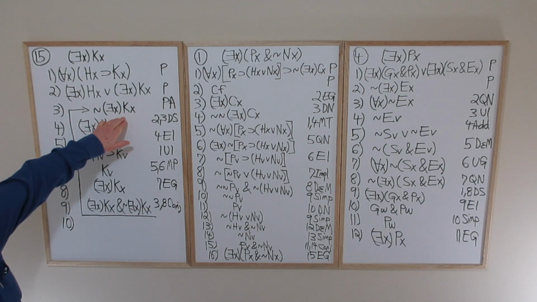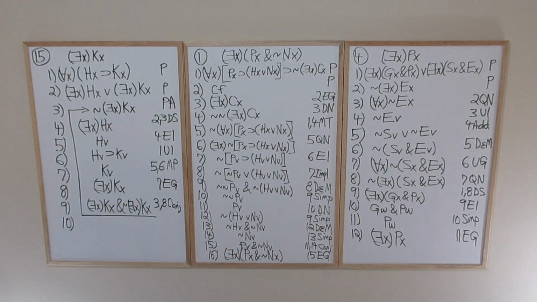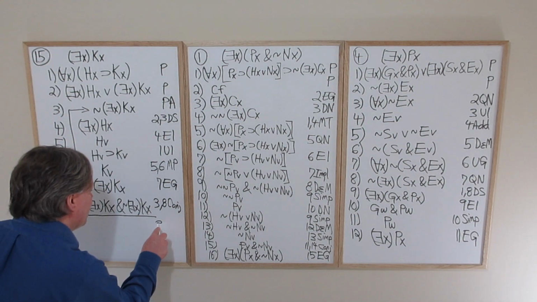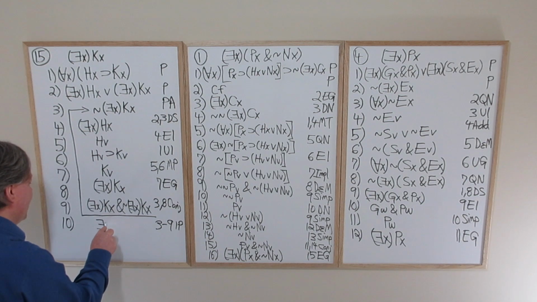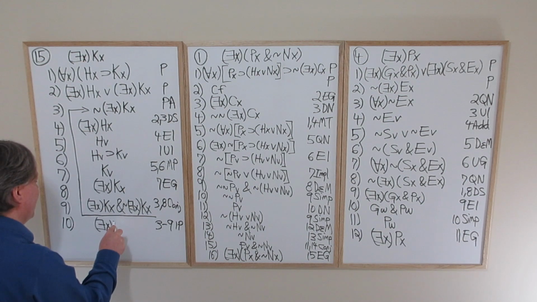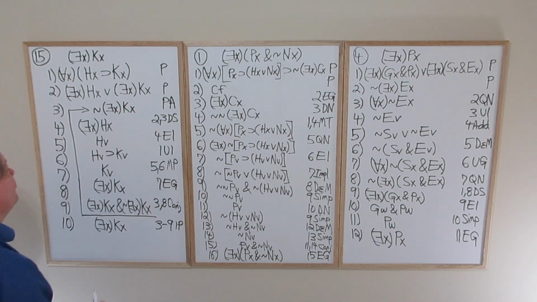So, since the provisional assumption that it's not the case that there exists an x such that x has been to Krakow led to this standard contradiction, 3 to 9 by IP, we're entitled in inferring there's at least one x such that x has been to Krakow, what we were aiming for all along, which follows from the original premises alone. So that will end the demonstration of proof construction for predicate logic proofs.